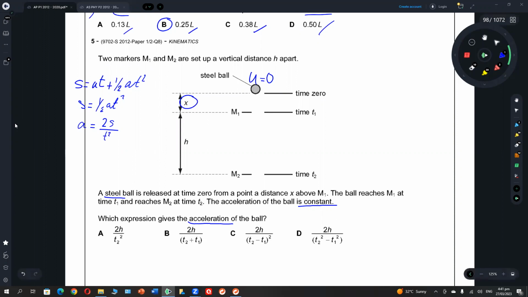Now, can you tell me why I have made a the subject? Because it asks for the acceleration of the ball. Very good. Now, should I replace s by x and t by t1? This is my first equation.